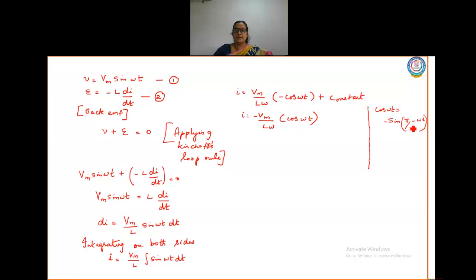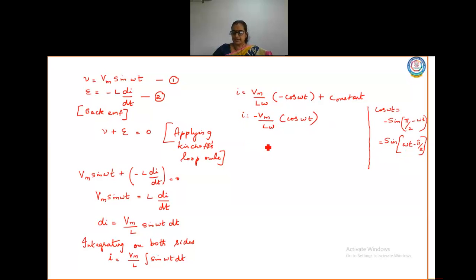So I will take a minus sign from inside, and minus of minus will become plus. So here I will have sine omega t minus pi by 2. So I can write cos omega t as sine omega t minus pi by 2. Just a small conversion so that I change the current equation in terms of sine.